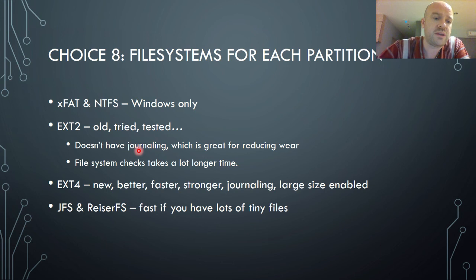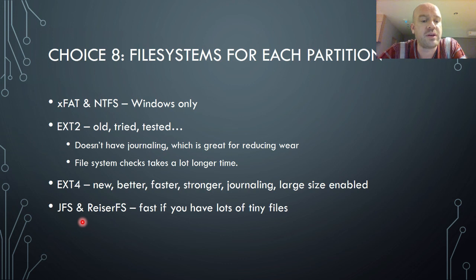But ext4 is even better, newer, faster, stronger. It has journaling, but you can also turn off journaling, and you can have huge size files without a problem. Then there are other alternatives as well.